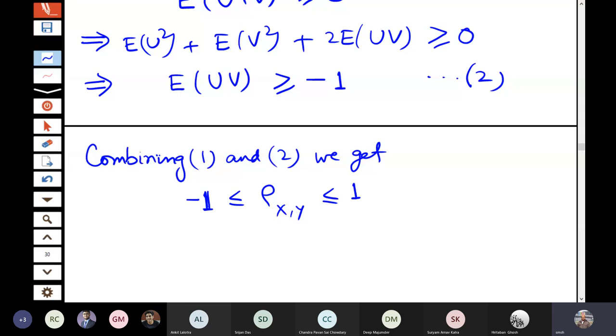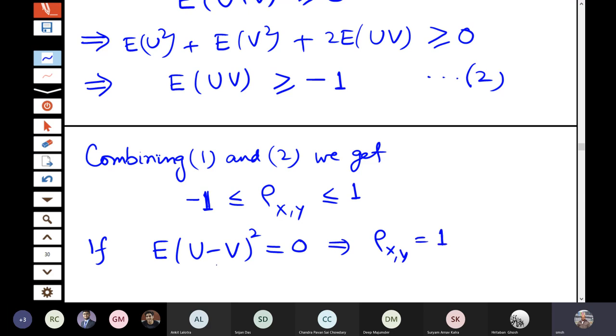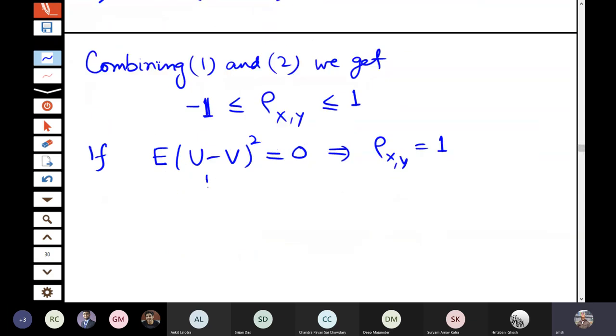So to get more clarity about the role of this coefficient of correlation, let us look at the extreme cases. One thing that we can see is that if we have expectation of u minus v square equal to 0, that will give me rho xy is equal to 1, isn't it? But what does this mean, that u minus v whole square expectation is equal to 0?